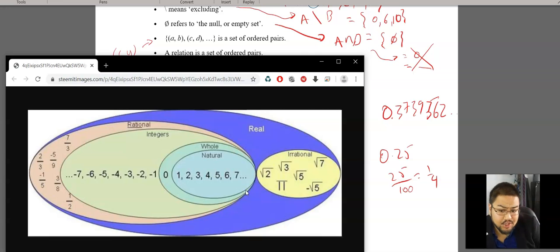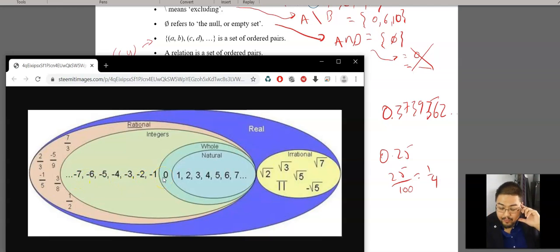When we're talking about integers, we're talking about whole numbers from negative infinity all the way up to infinity. You can see these numbers here. We're not talking about decimals, we're talking about integers, whole numbers, but it also includes a negative domain.